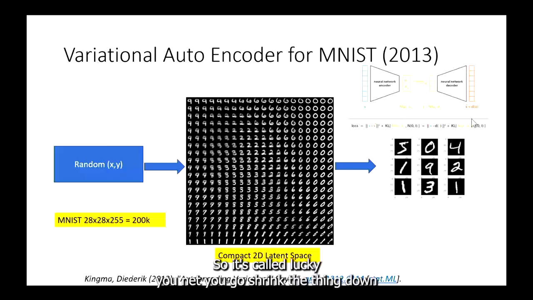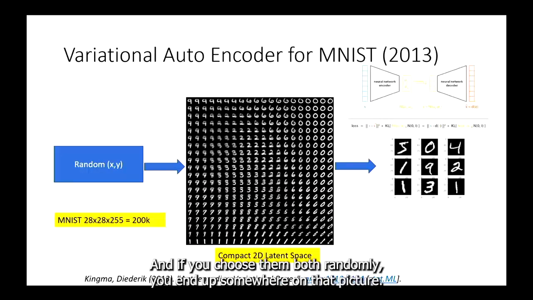It's called like a U-net. You shrink the thing down until it's only 1 or 2 values, and then from those values you generate images. That means you've only got 1 or 2 values in what's called the latent space, the hidden space, and if you choose them randomly, you'll wind up somewhere on that picture.